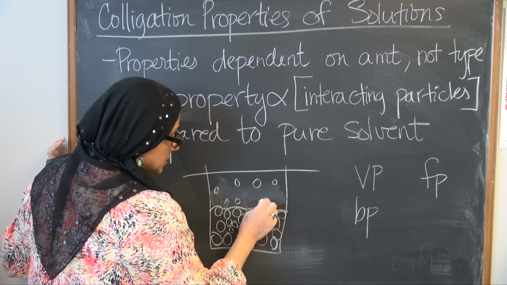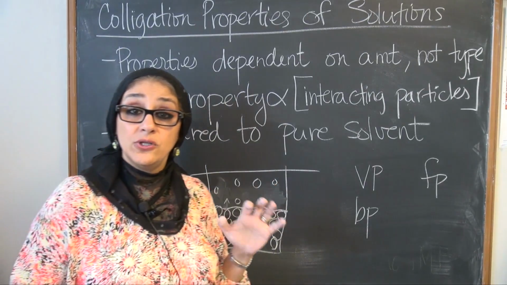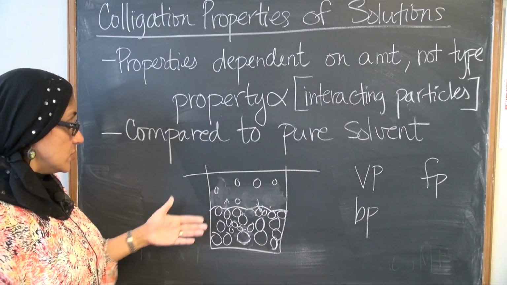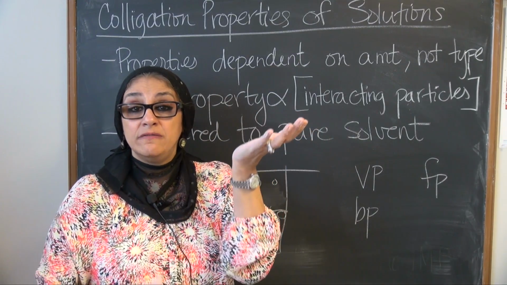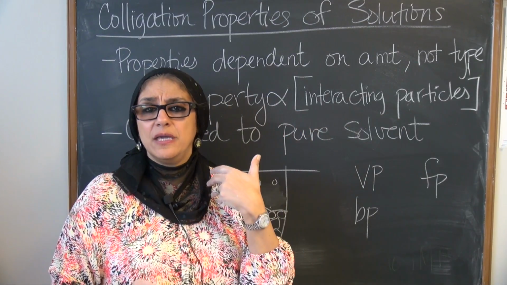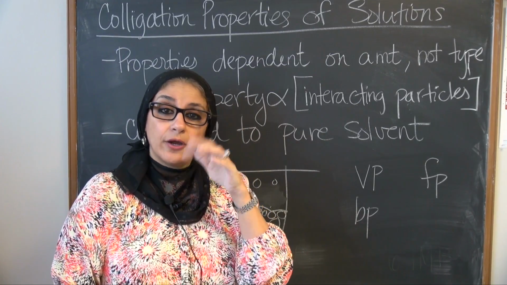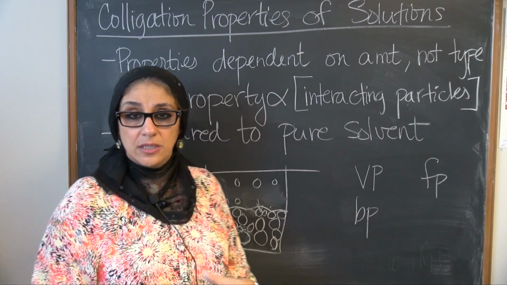And as some of these collide with the surface, they may slow down enough from that collision to then get back into the liquid. And there's this dynamic process of the number of molecules leaving, going into the vapor, and those that are condensing. And it happens where there is equilibrium between those two processes. They're happening at the same rate.